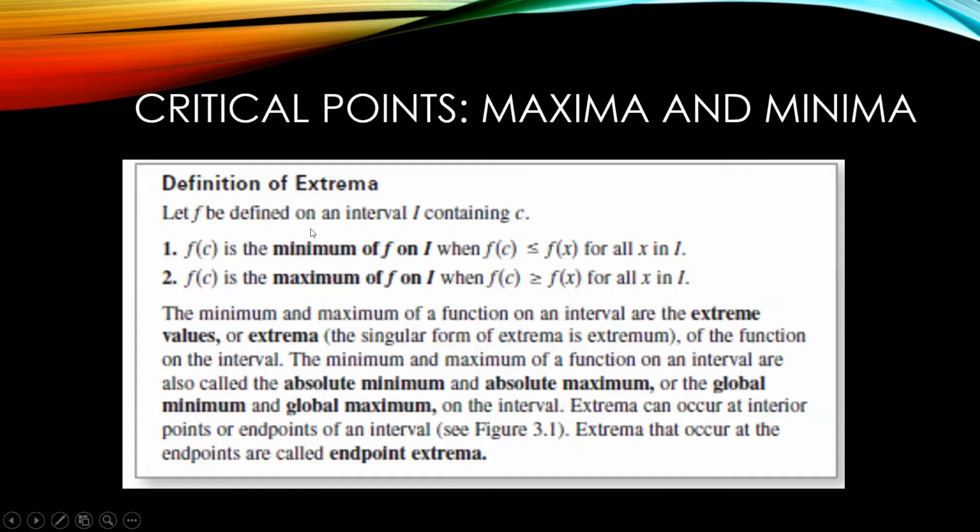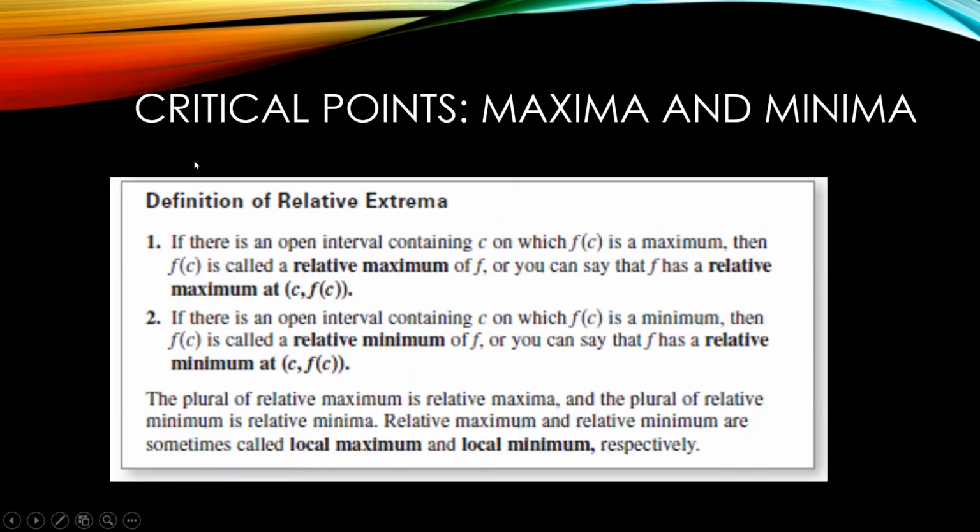If there is an open interval containing c on which f of c is a maximum, then that is called a relative maximum. Whereas if it is a minimum, then it's called a relative minimum. Relative minimum and relative maximum are also called local minimum and local maximum. I know it's a bit too much to take in, but I'm sure you will understand this as we go to the examples.